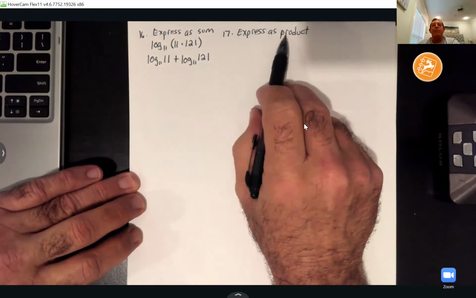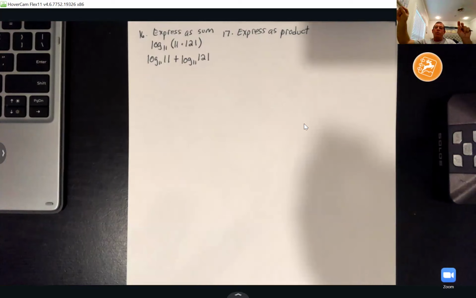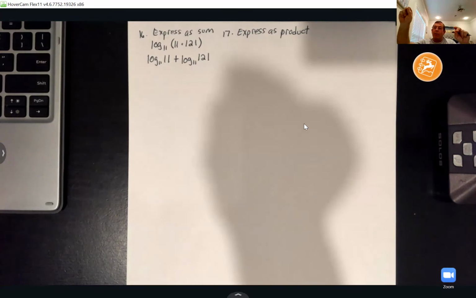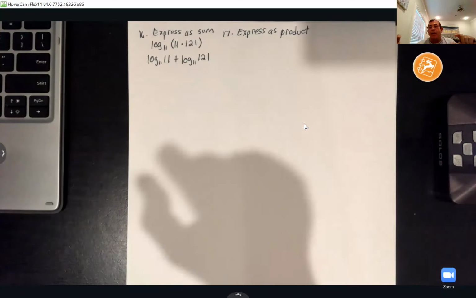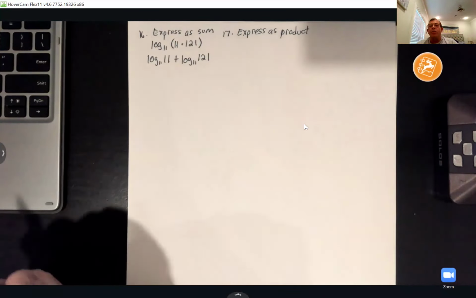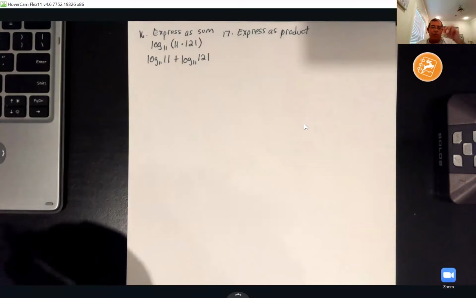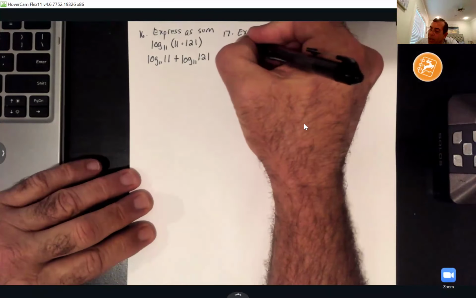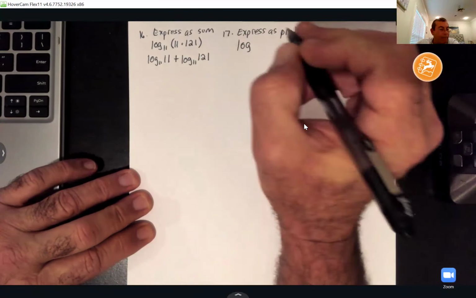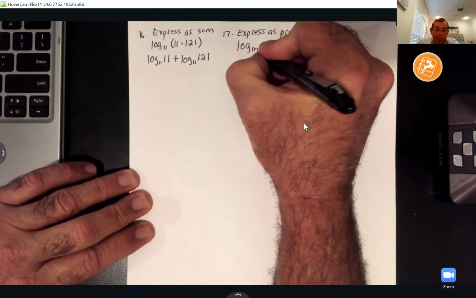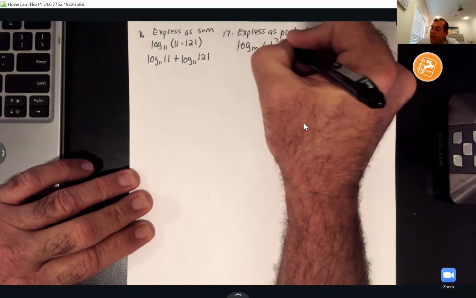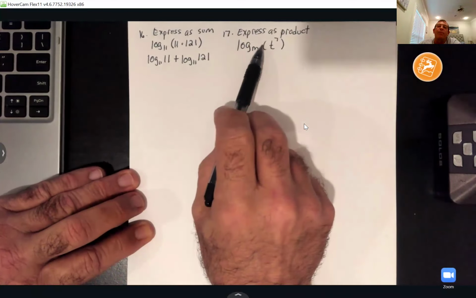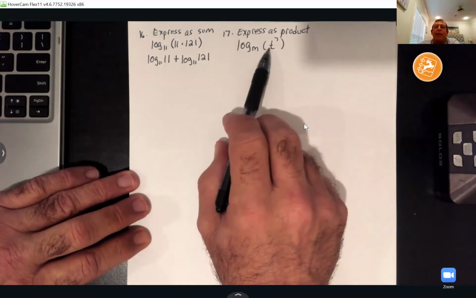Well, the ones that say express as a product, those are the ones where I had the exponent up here and I brought the exponent down to the front and made it a product. This was using the power rule of logarithms. So they're giving me a log base m of a t to the 7th. Now they put parentheses, but they're not needed here.